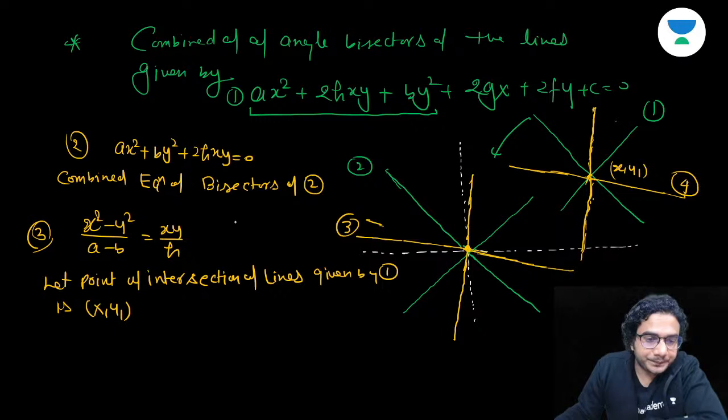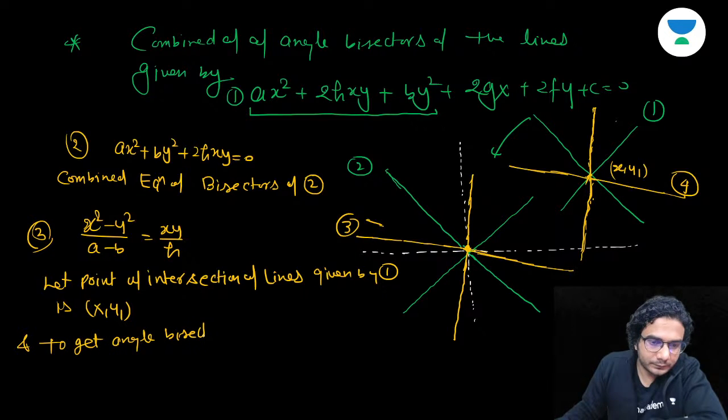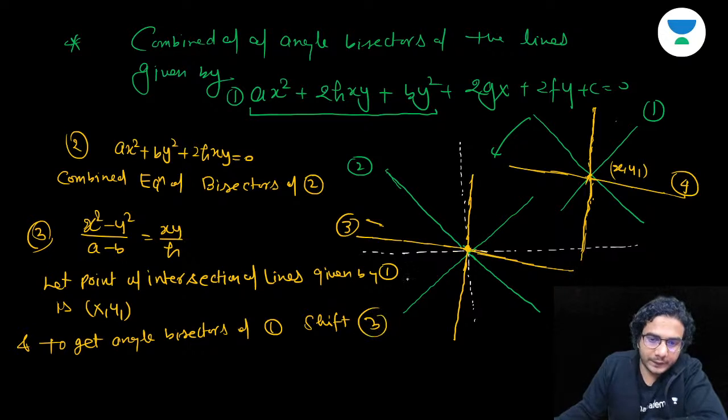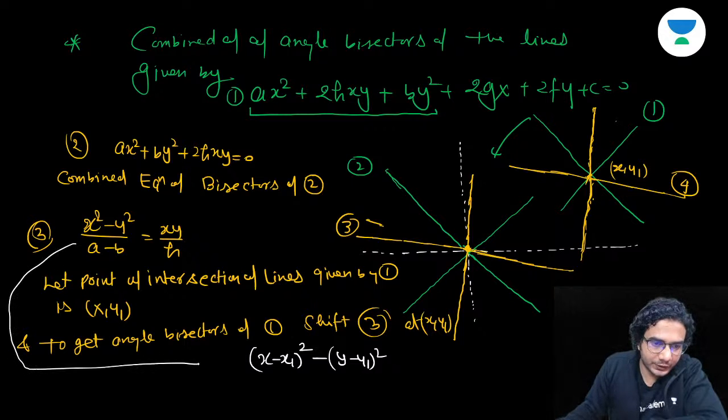After getting this point, we are going to shift. Now to get the angle bisectors of 1, shift curve number 3 to x1, y1. Are you getting this now? So what is the final answer? The final answer is going to be x minus x1 whole square minus y minus y1 whole square. We are going to shift this one, right? Yes, shifting.